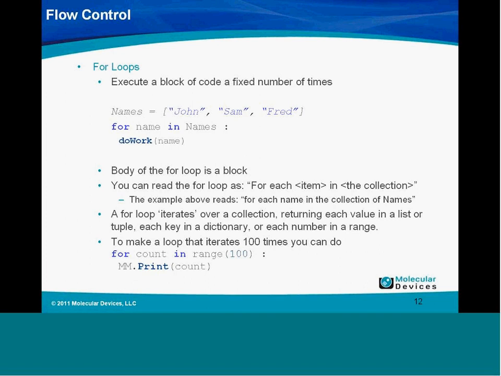The name is a variable, and it's going to pull out the one individual value we're going to be using. In is a keyword, which means that it's a fixed word that has to be present. And then names would be the name of the collection. So it would be for each name in the collection of names, do whatever work you need to do with that name.